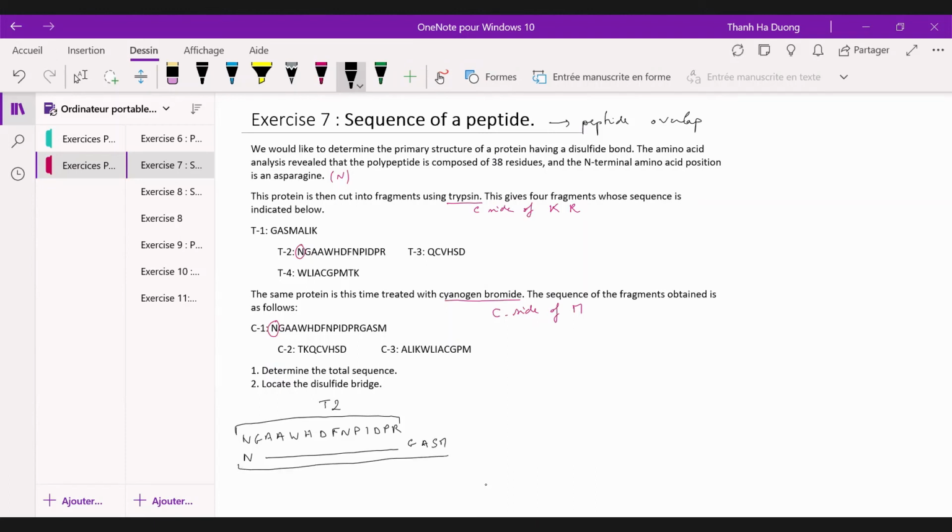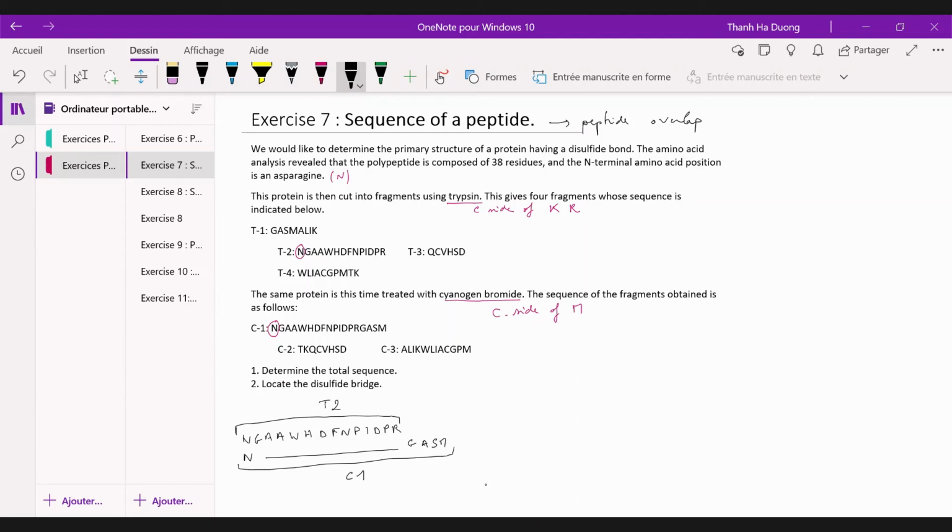So this is the fragment C1. Okay. So I can continue like this if you understand the exercise.